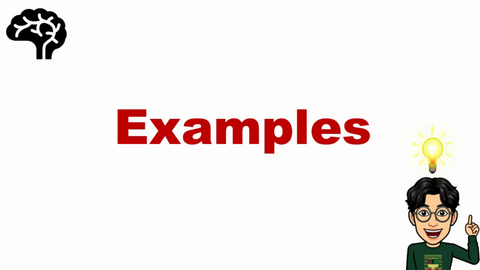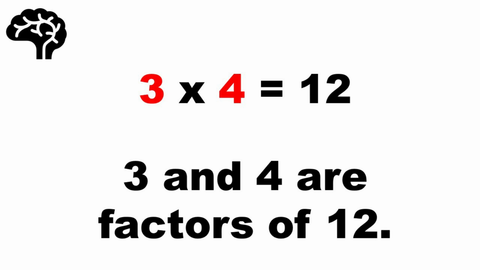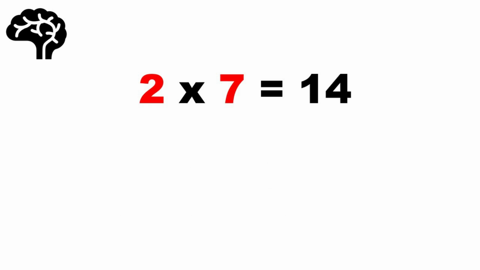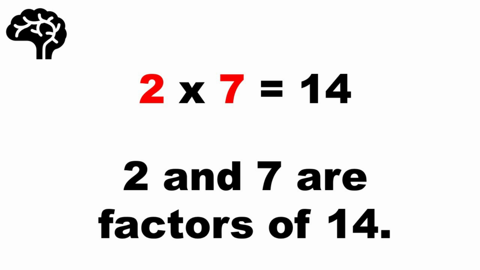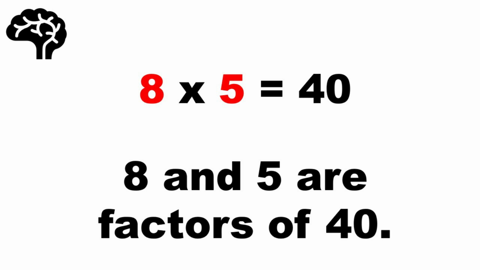For example, 3 times 4 is equal to 12. 3 and 4 are factors of 12. 2 times 7 is equal to 14. 2 and 7 are factors of 14. 8 times 5 is equal to 40. 8 and 5 are factors of 40.